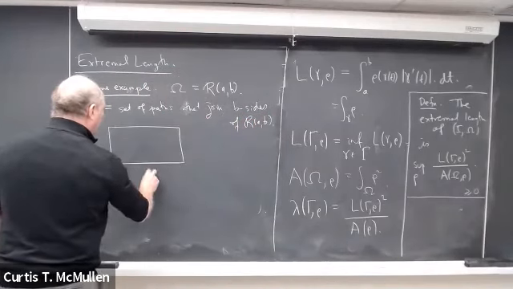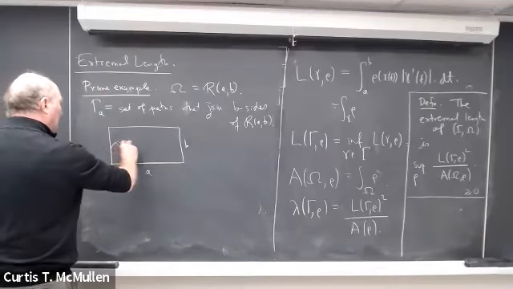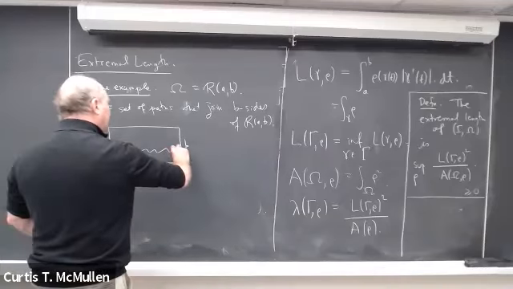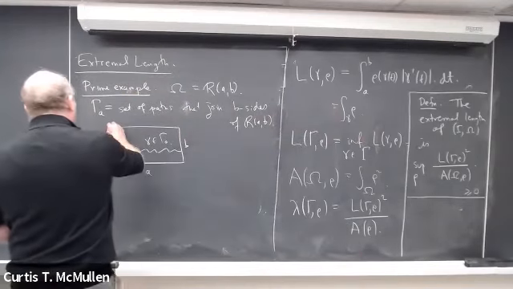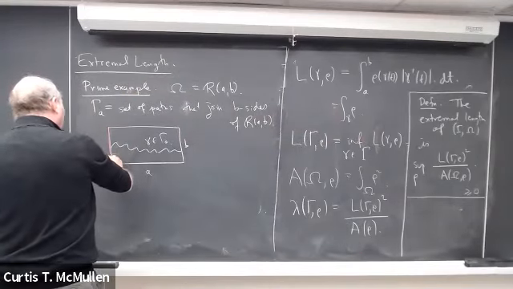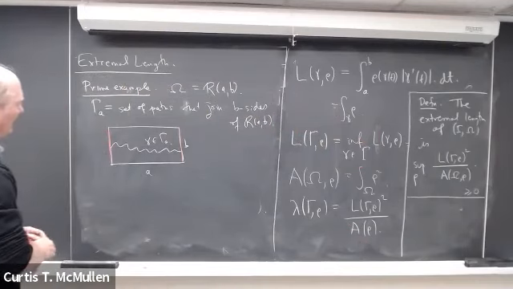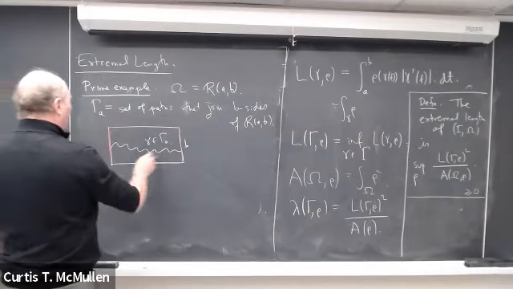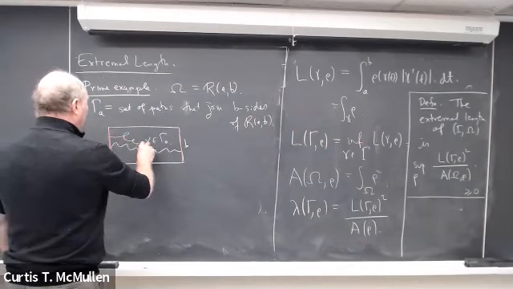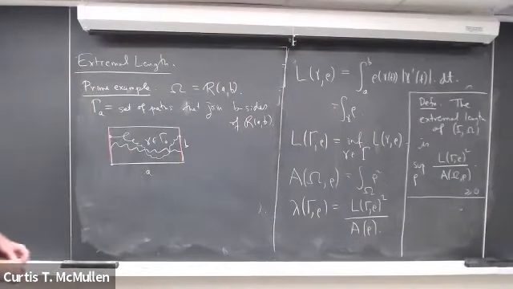So this side has length A, this side has length B, and gamma_A will consist of these curves. That's a typical element of gamma_A. So it has to cross the rectangle starting at this vertical side and ending at this vertical side. I'm not requiring that it be embedded, or even it could hit the top and bottom edges as it goes, but it has to start on one edge and make it all the way over to the other edge.